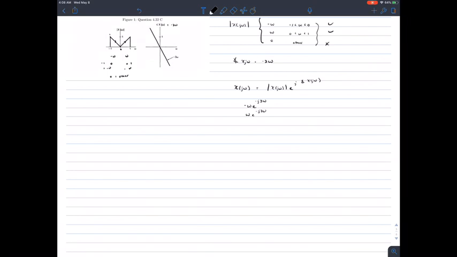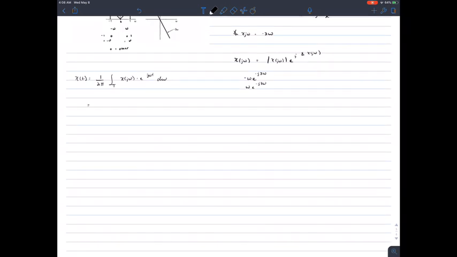Okay, and we already know what the equation of the inverse Fourier transform is. x of t is equal to 1 over 2 pi integral of our domain, which we already know, but I'm just going to leave it right now. I'm just going to write the equation out for you first. X of j omega times e to the j omega t with respect to omega. Okay?